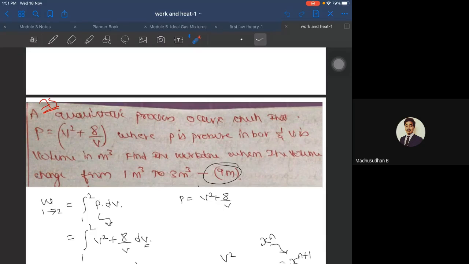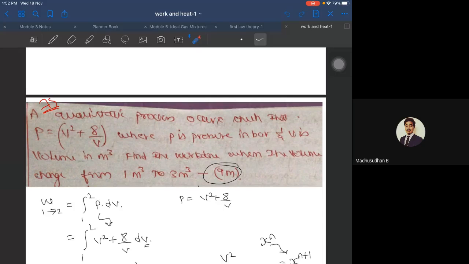So we have seen around 4 to 5 problems in the previous class, which deal with work done in various processes, all the 5 processes, from isobaric till polytropic. We have seen how to calculate the work done using the expressions we learned in the last few classes. From this class, we will deal with work done which is not process related.